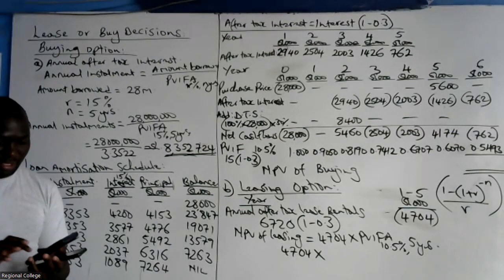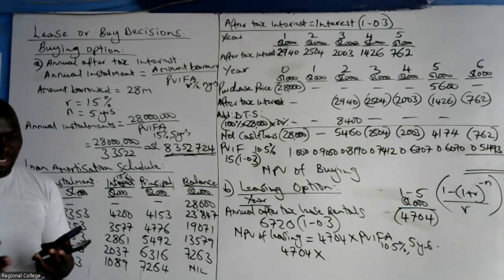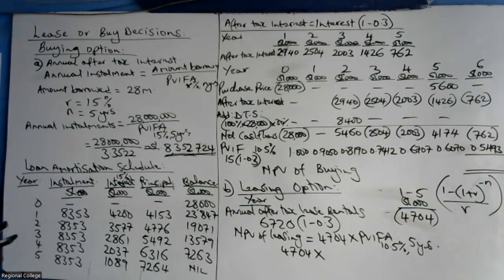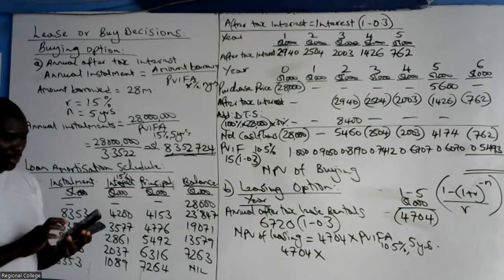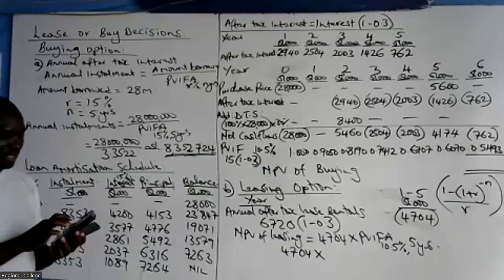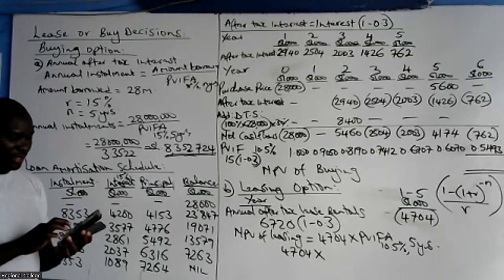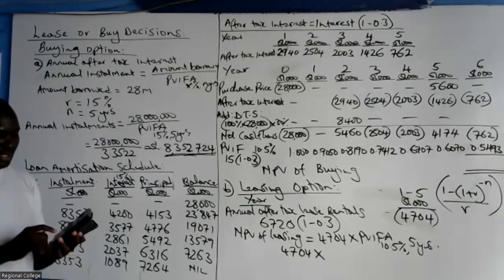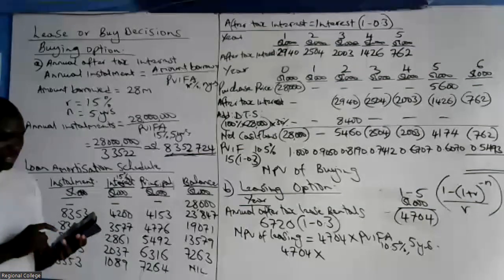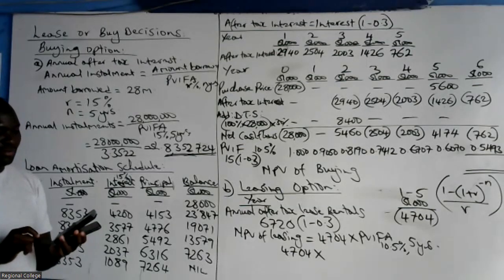So let's first remove the virus. You know how to remove the virus from the calculator? Shift clear. Come into new. So 1 minus 1.105 raised to negative 5. Then I divide by 0.105. 3.7429.